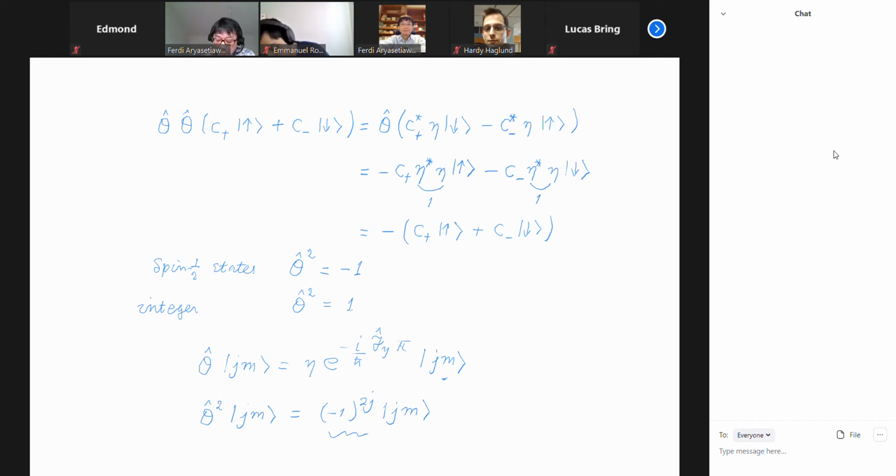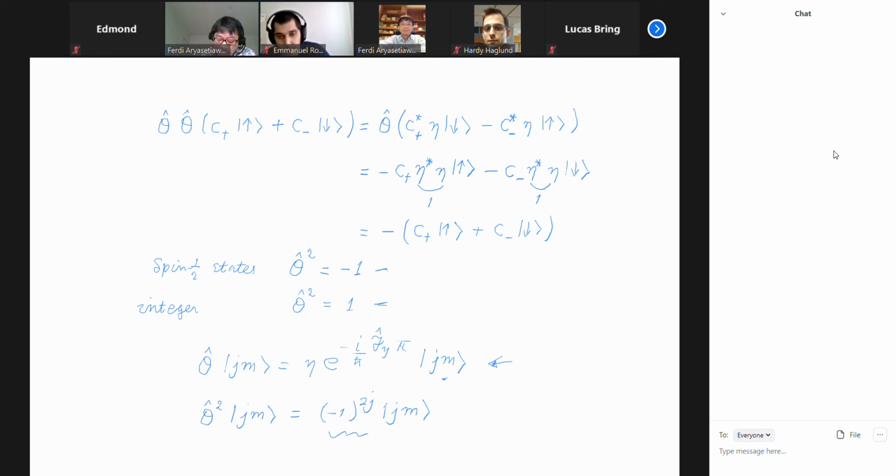For j equal to 1/2, it becomes minus 1. If j is an integer, it is just plus 1. We can verify this by using this definition, like we have in the notes.